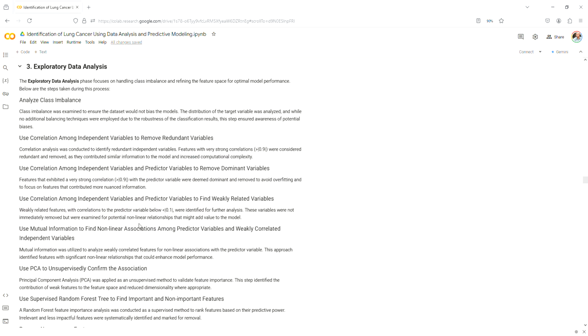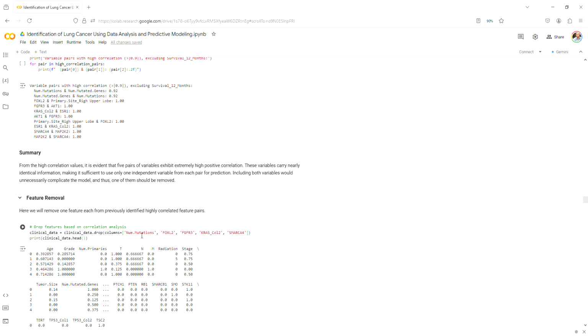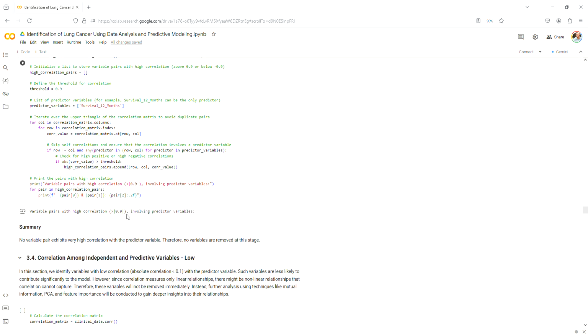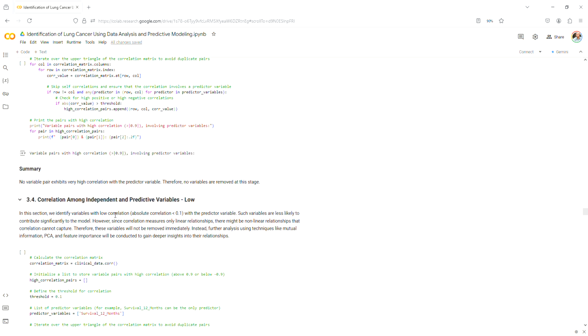Then I looked at the correlation between all independent variables and the target variable. If an independent variable is very strongly correlated with the target variable, it will dominate the classification process, and other features will lose their importance. So I would remove that. I measured that correlation and didn't find any such columns, but if there was a strong relation, I would have removed it.